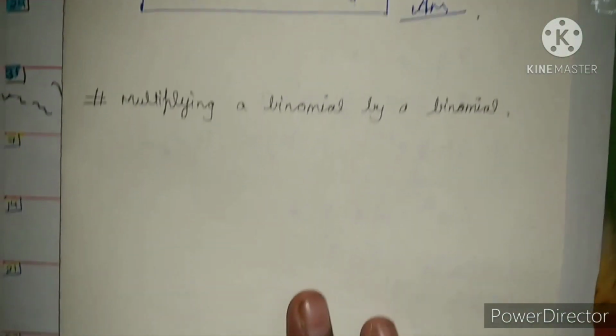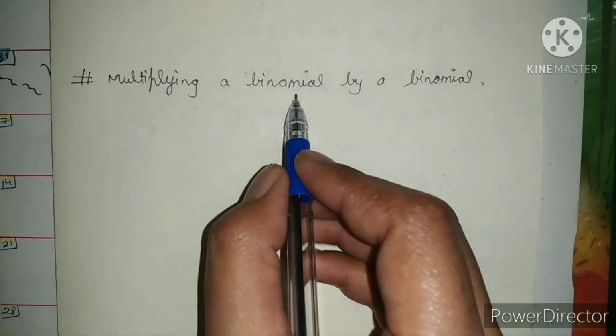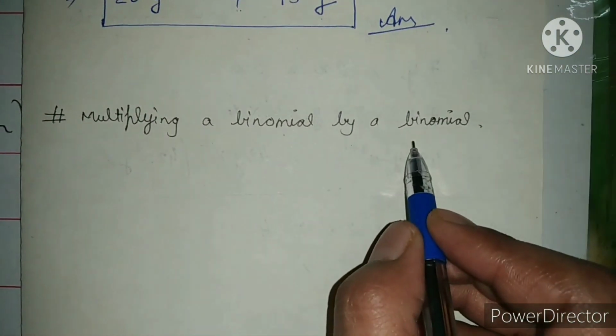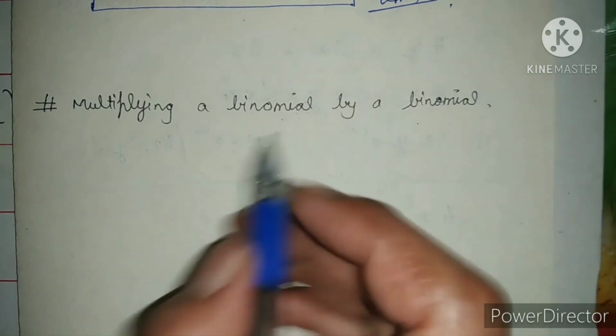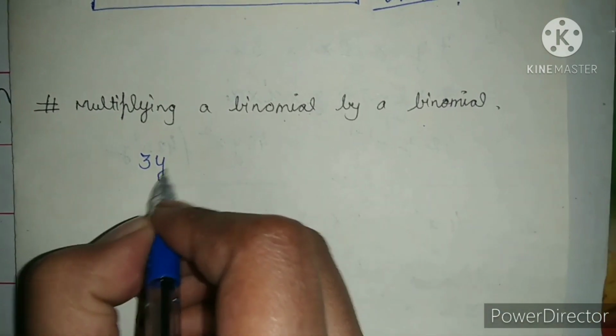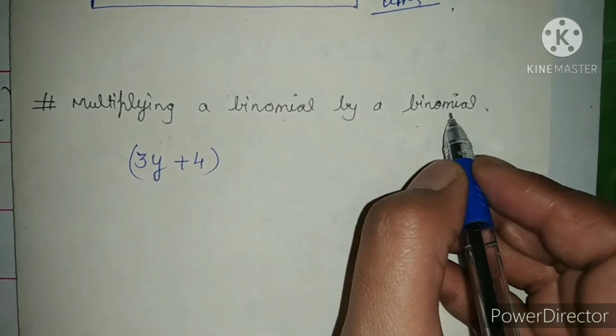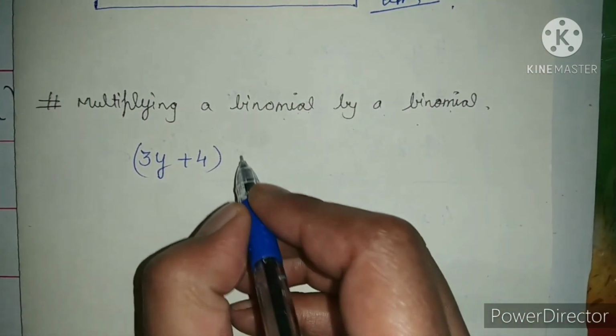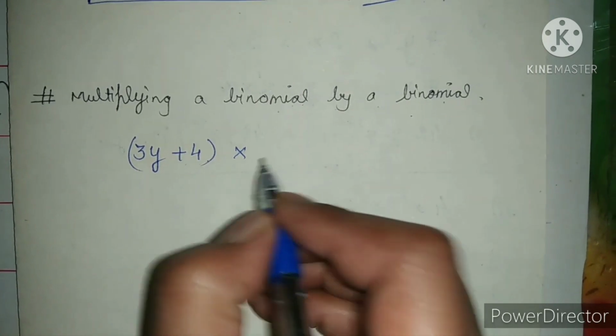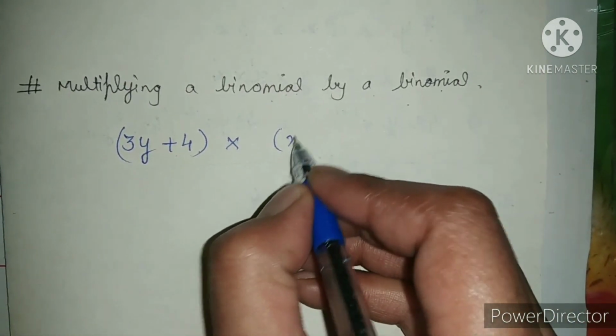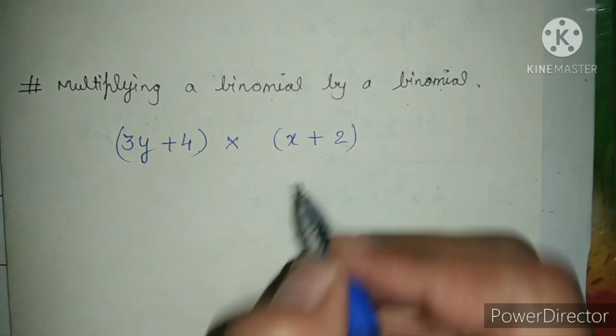Now second is multiplying a binomial by a binomial. So any binomial we can take. Here I am taking 3y plus 4, and we have to multiply it by any binomial, so I am taking here x plus 2.